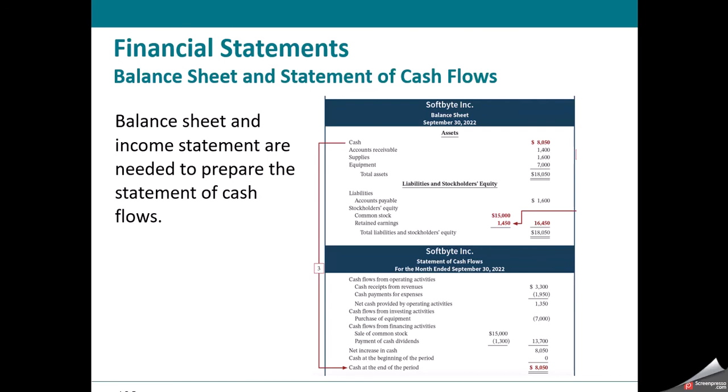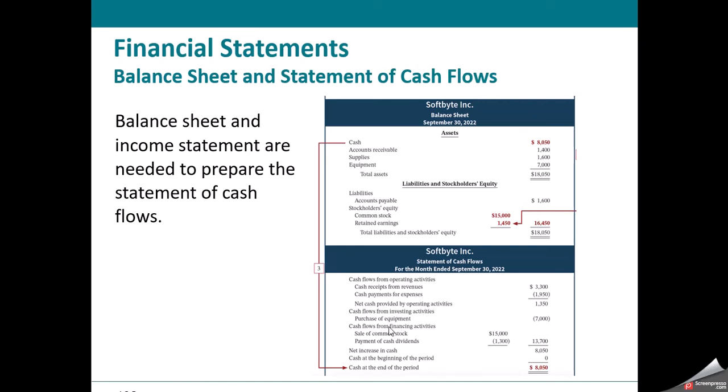Then we go into our statement of cash flow. So this is definitely a more advanced accounting topic that you necessarily don't need to worry about being able to prepare, but you just want to understand the statement of cash flows. What the statement of cash flows is doing is just trying to show a user how the cash is being spent. So they have their cash flow from operating activities, again, their revenues less their expenses.